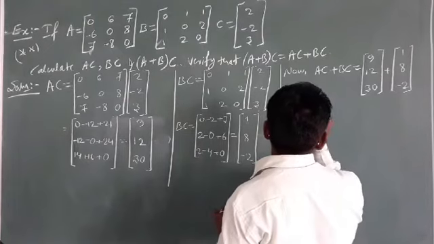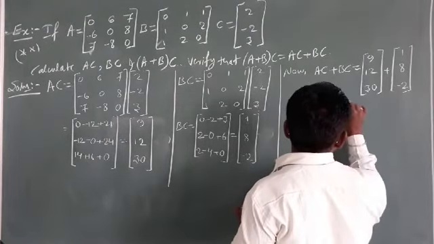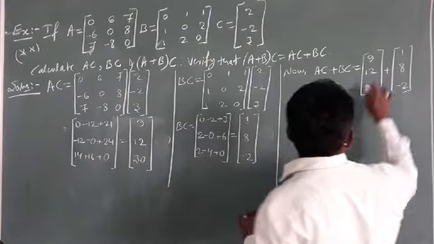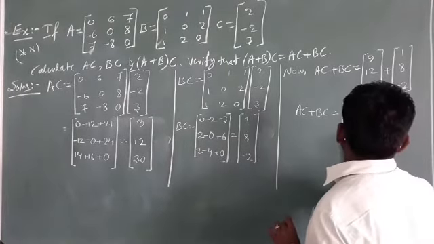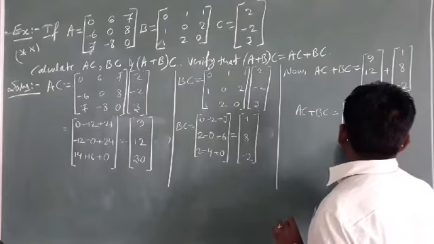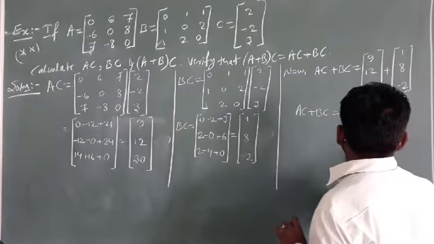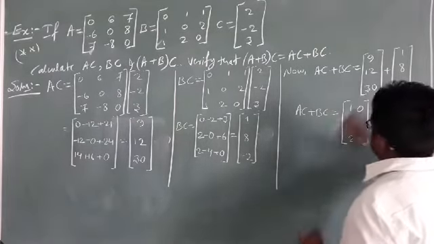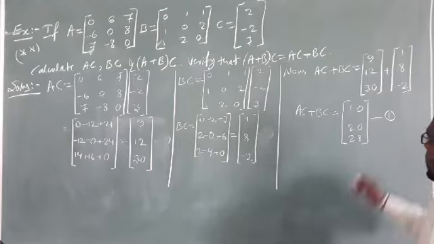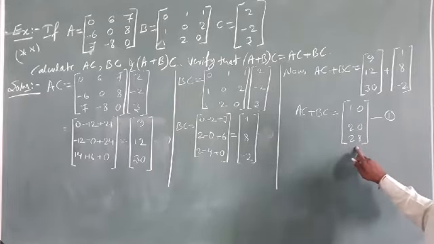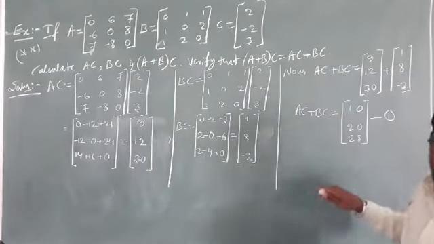Here AC plus BC is equal to the column matrix 9 plus 1, that is 10; 12 plus 8, that is 20; 30 minus 2, that is 28. Take it as equation number 3 here, students. Got the point? How it is obtained? 10, 20, 28. RHS side is obtained.